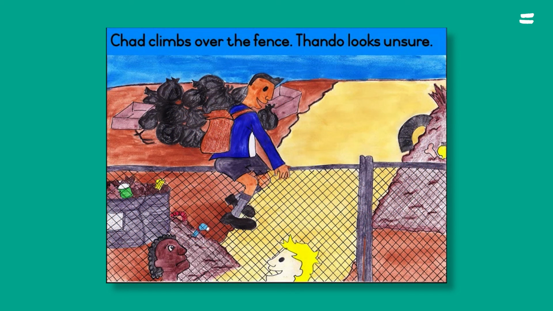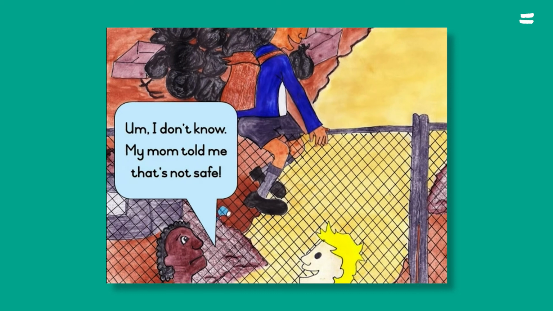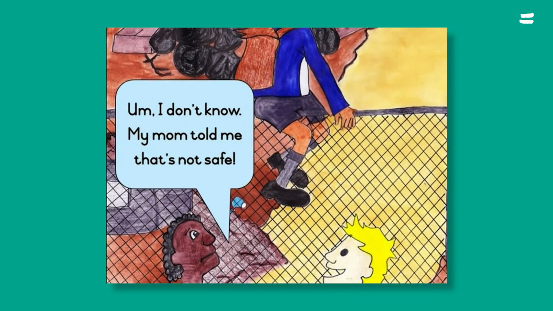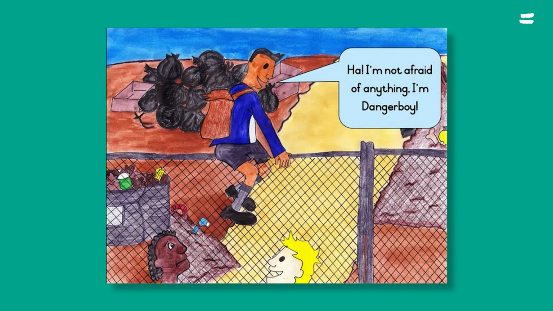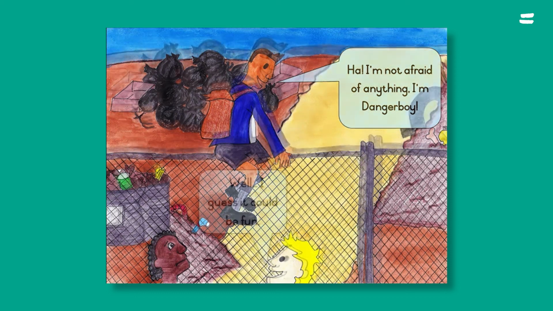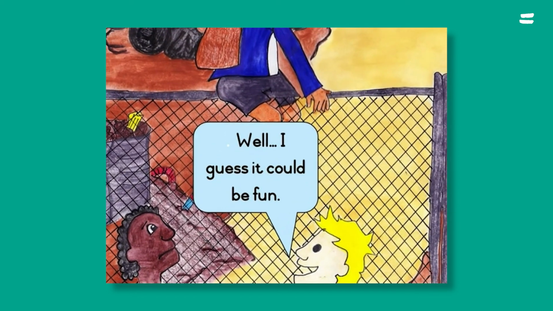Chad climbs over the fence. Thando looks unsure. "I don't know. My mom told me that's not safe." "Ha! I'm not afraid of anything. I'm Danger Boy." "Well, I guess it could be fun."